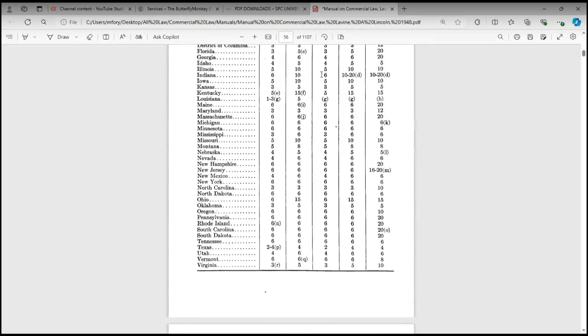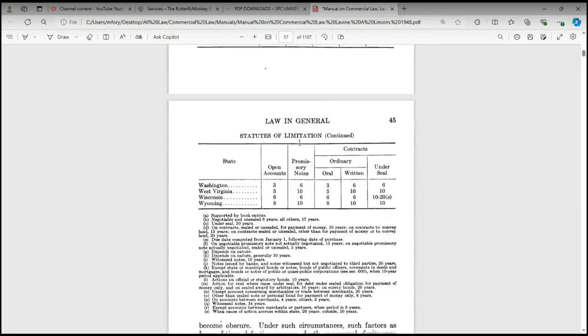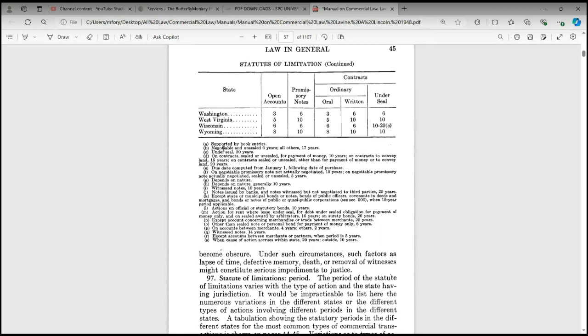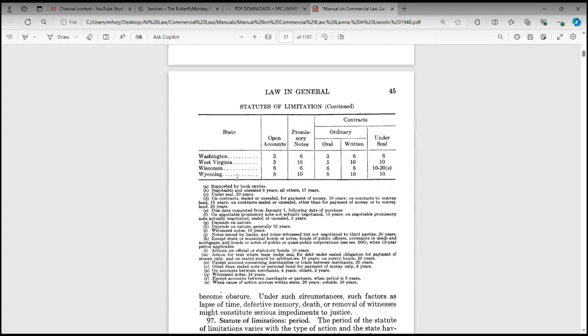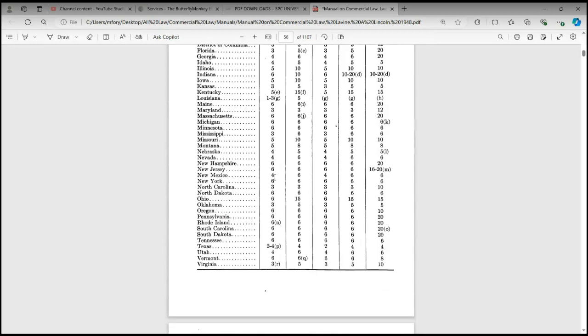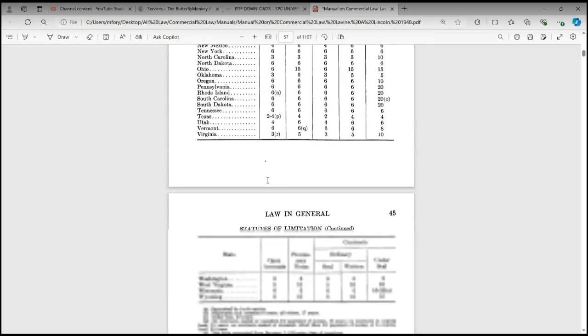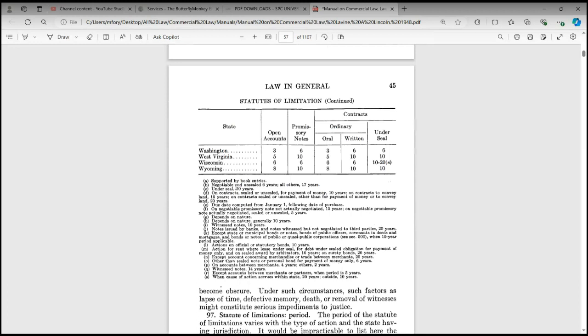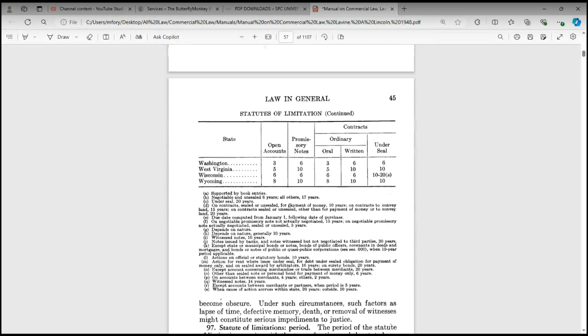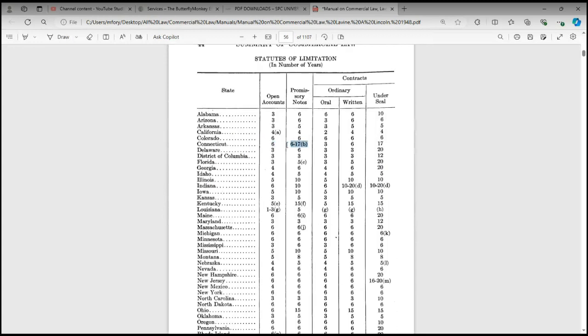Illinois 5, 10, 10. They give you, I don't see no letter. Oh, well, there's letters here. Supported by book entries, negotiable and unsealed, 6 years. All others, 17 years. So where's a B? Right here, like B for Connecticut.